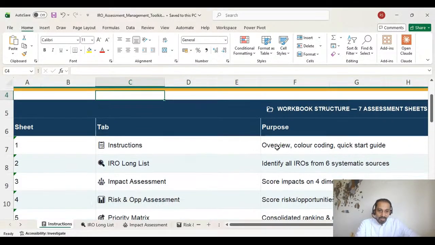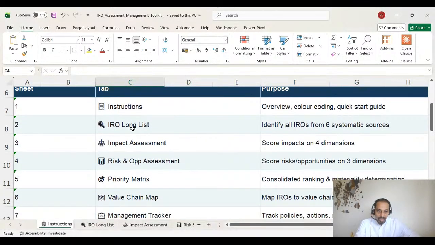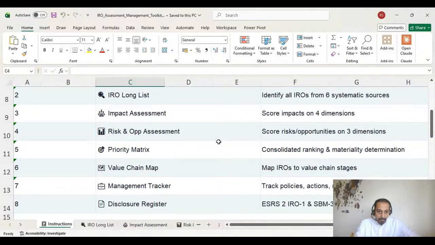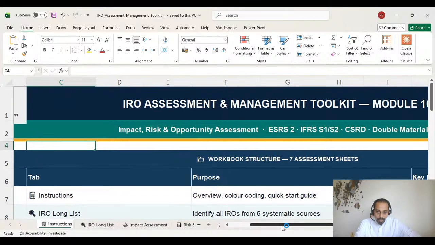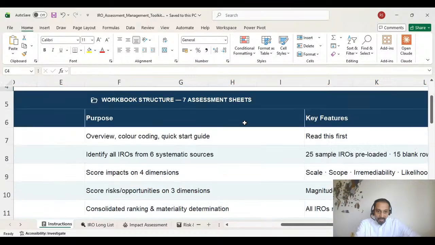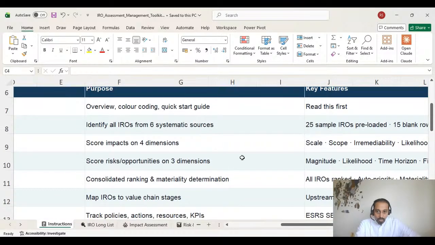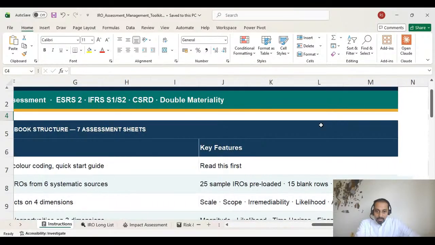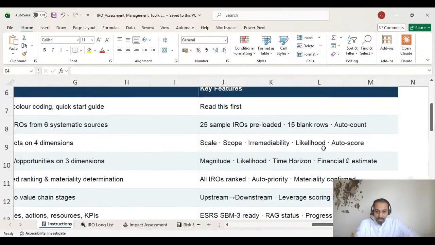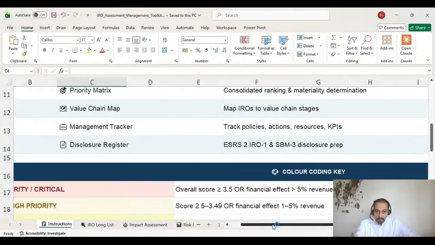Here you can see the instruction, IRO long list, impact assessment, risk and opportunity assessment, priority matrix, value chain map, management tracker, and disclosure register. So all the stuff that is part of the whole toolkit. And the purpose: you can see the overall identifications, overall map, and other stuff. The key features of each and every sheet are mentioned here. That is part of the introduction.